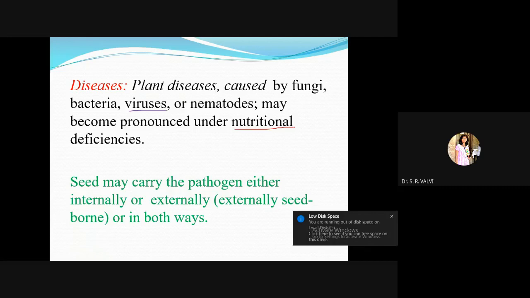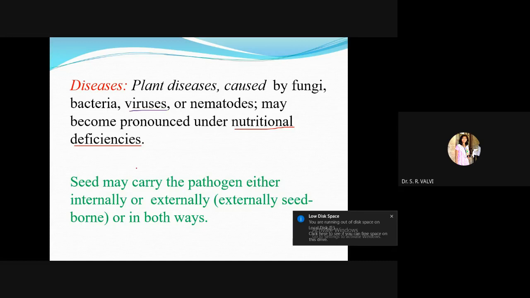Under nutritional deficiencies also the plant shows some diseases apart from these biological pathogens. Such diseases again you have to point out. This identification you have to mention while you are going into the field: which fungi has caused the disease, which bacteria, or which viruses, and which kind of disease has appeared on the main plant. You have to note this down while doing inspection.